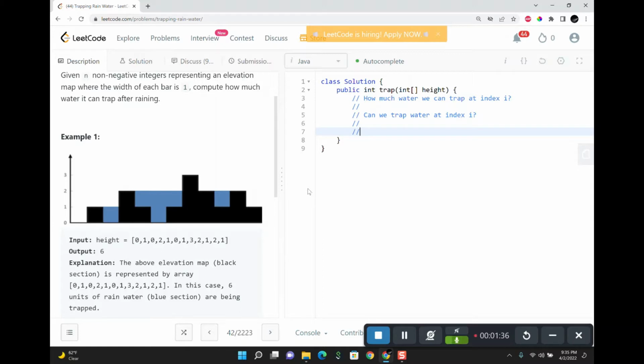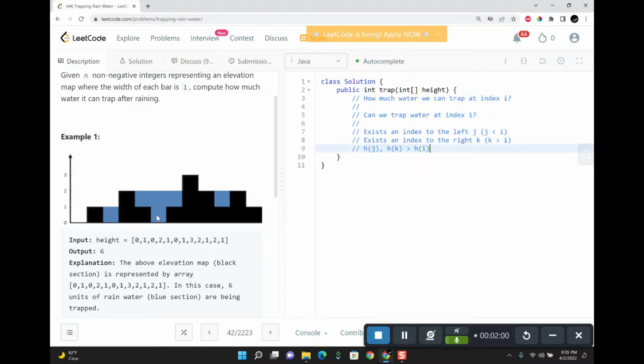Well, we can trap water at index I if there exists an index to the left, j, and there exists an index to the right, k, such that the height of index j and the height of index k are greater than the height of index I. And why is this the case?